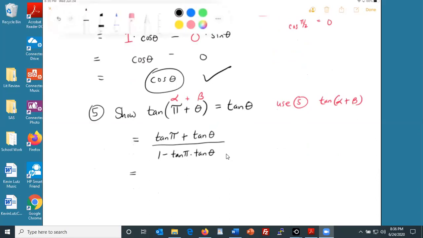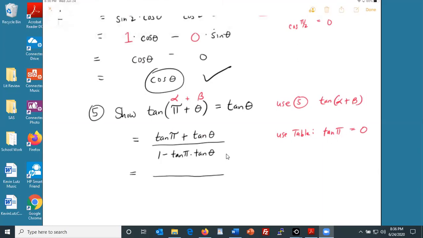And what do we do next? We use the table. And there's only one number that we need, and that's the tangent of pi, which is 0, which is a lovely substitution here. A very lovely substitution. So we get, just use different colors here.